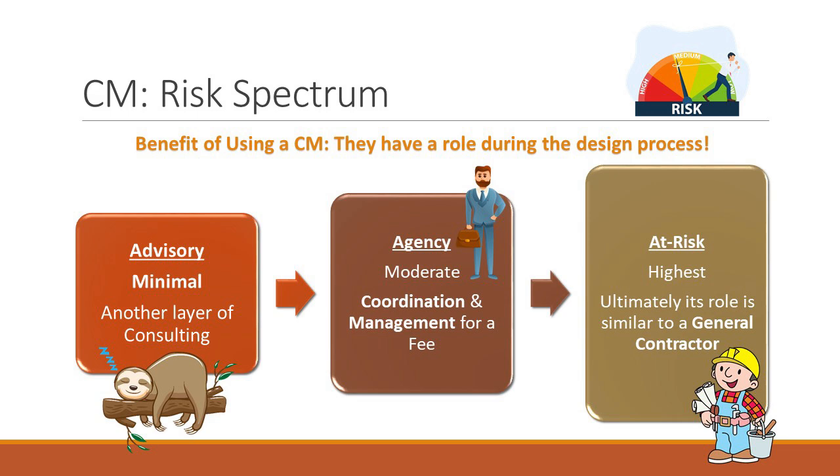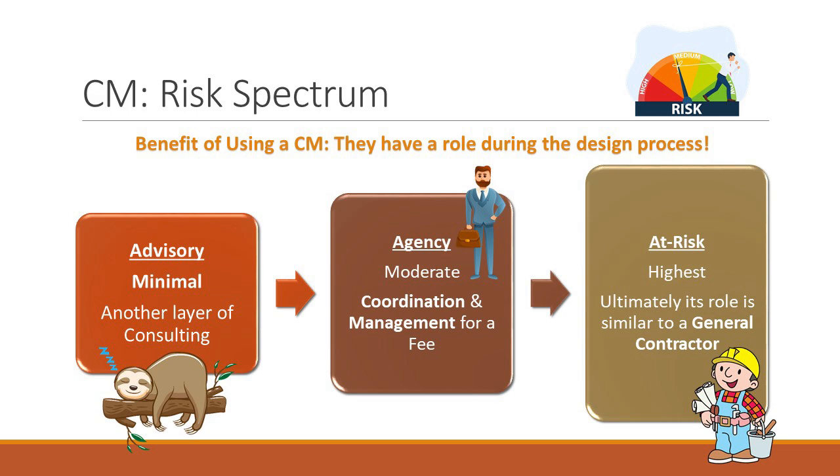That's an advisory CM. The agency CM, as I said, is the watchdog, looks over your shoulder, both contractor and architect, and they will be involved in the project on a daily basis. They'll manage schedule and fee and those types of things. And because they're watching the dollars and the schedule, their risks are higher. Advisory CM, very little risk.